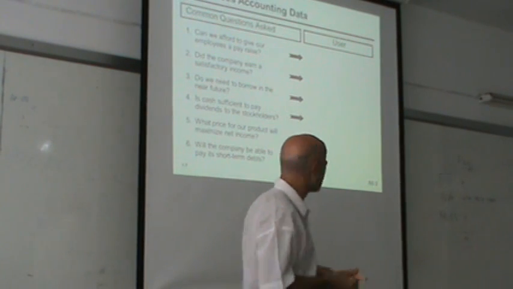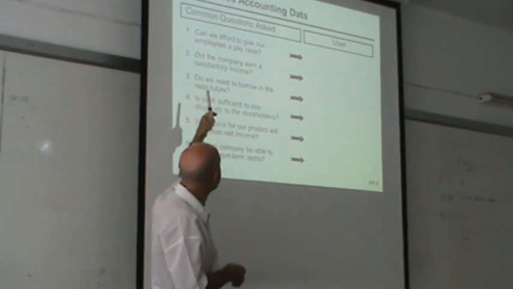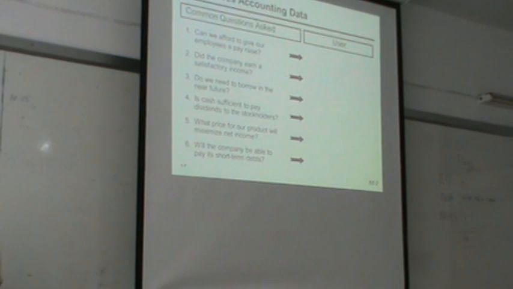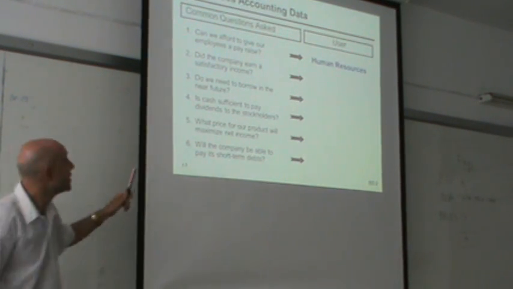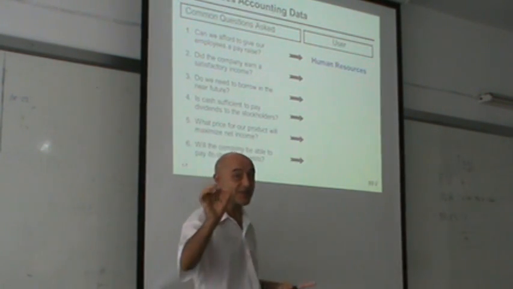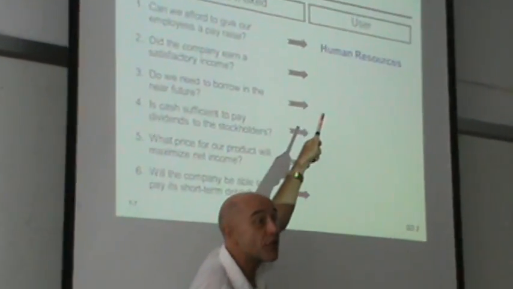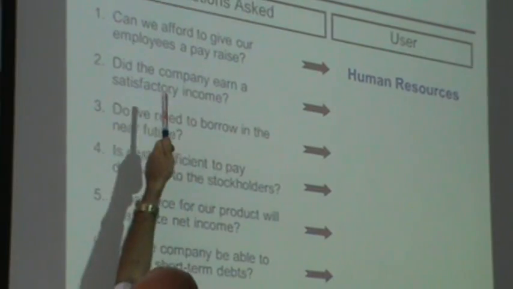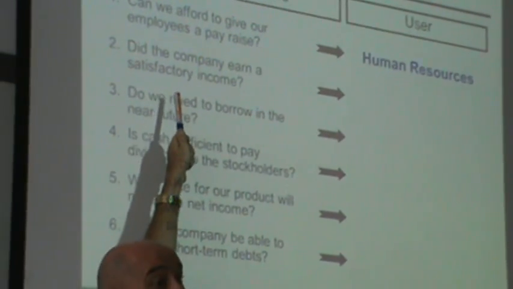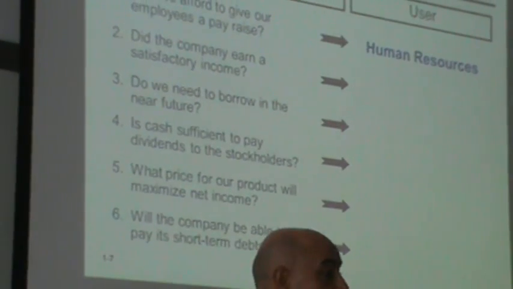No. This is all, again, who uses it? And I think they have here on the slide, like this, yes, human resources. You zoom in nicely. Yeah? So, human resources uses the information to see if we can increase salaries or not.